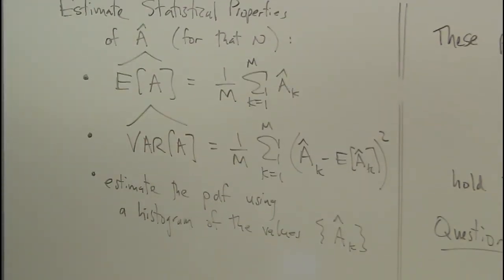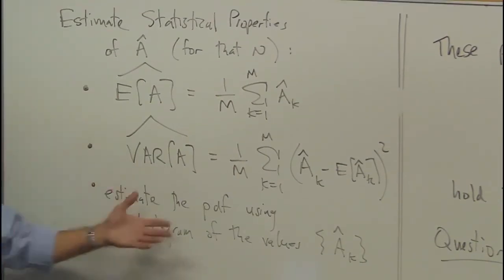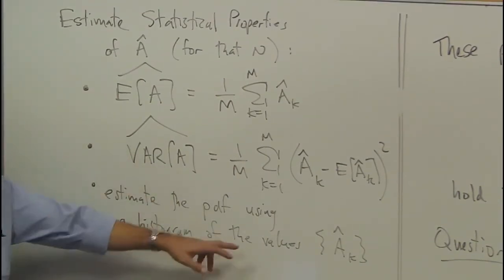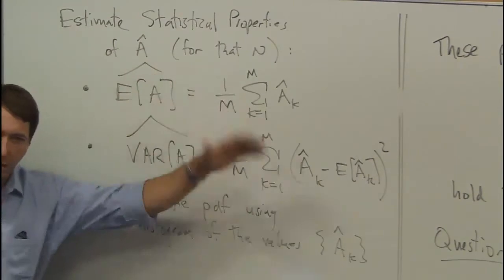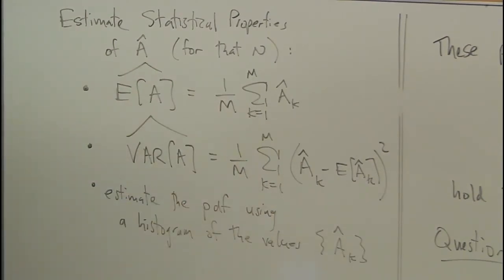Right? And by a histogram, what we do is we just set a bunch of bins, and we see how many of the A hats fell into each bin, and just determine the proportion of the values in there, and we vary the width of the bins in dependence on how many of these samples that we have. Okay? All right? And then you can do this for a variety of values of N.